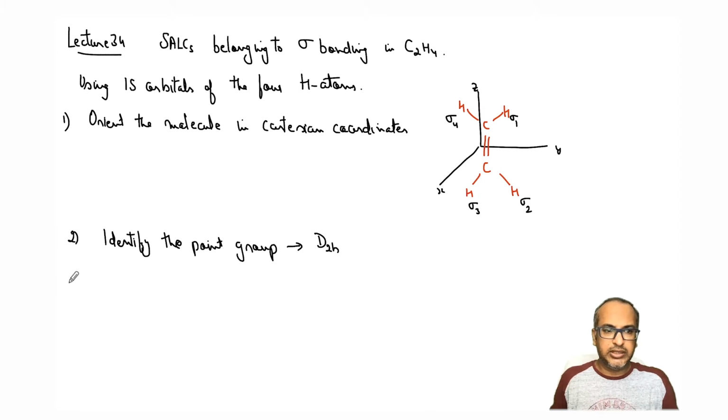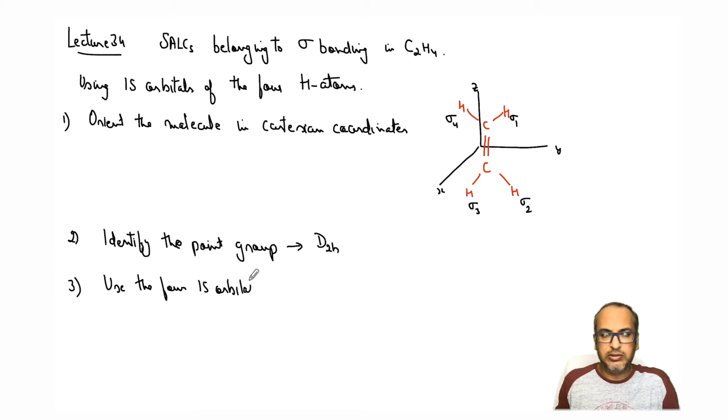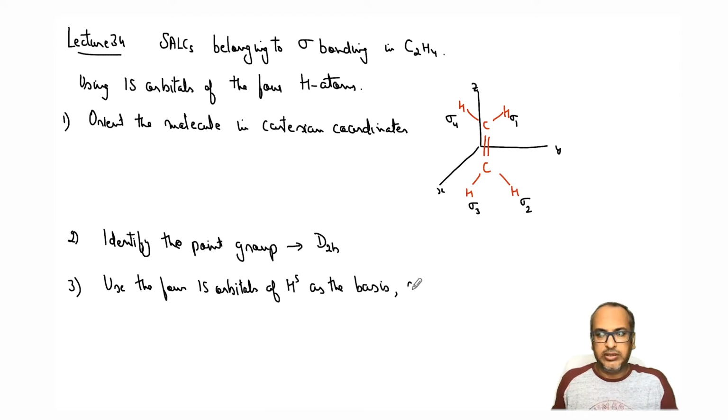We have already discussed this molecule before. Now what we'll do is use the 4 1s orbitals of hydrogens as a basis and develop a representation under the D2h point group.